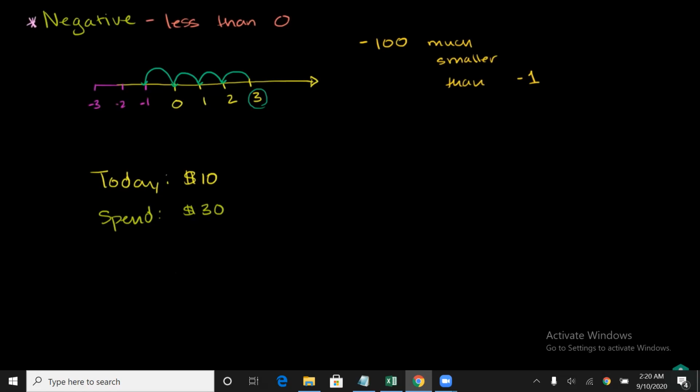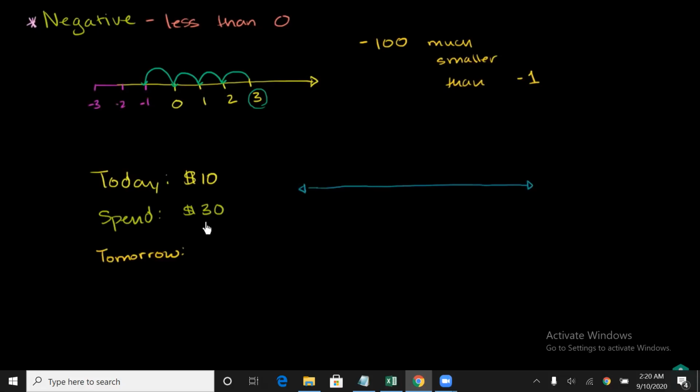So what's my bank account going to look like? Let me draw a number line here. And you might already have an intuitive response. I will owe the bank some money. So tomorrow, what is my bank account? You might immediately say, look, if I have $10 and I spend $30, there's $20 that had to come from someplace. And that $20 is coming from the bank.